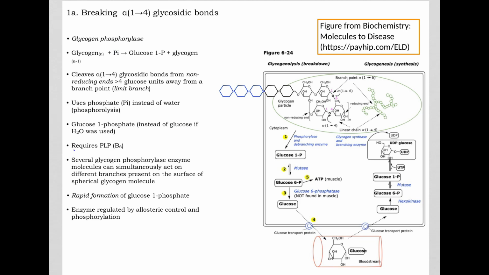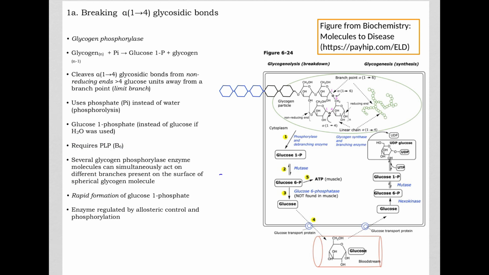This enzyme, glycogen phosphorylase, requires pyridoxal phosphate, a cofactor, a coenzyme that we talked about under the synthesis of amino acids, the transamination reaction that we talked about under amino acid synthesis.